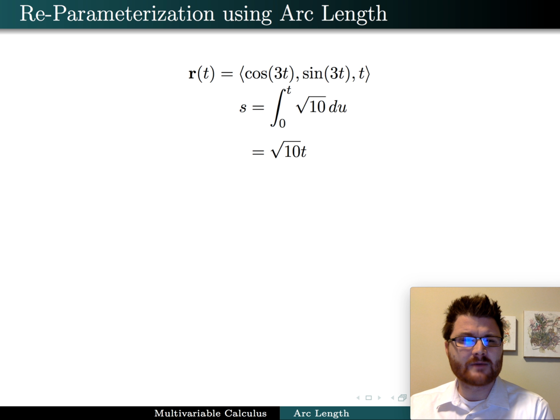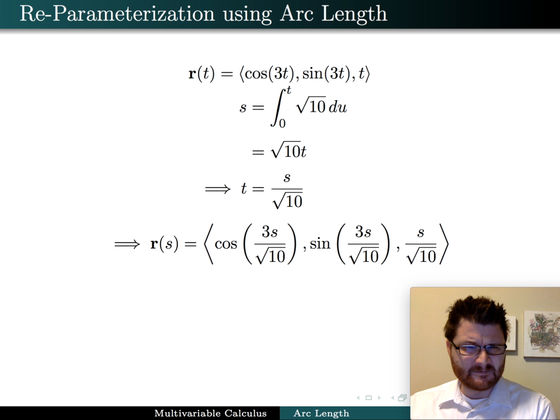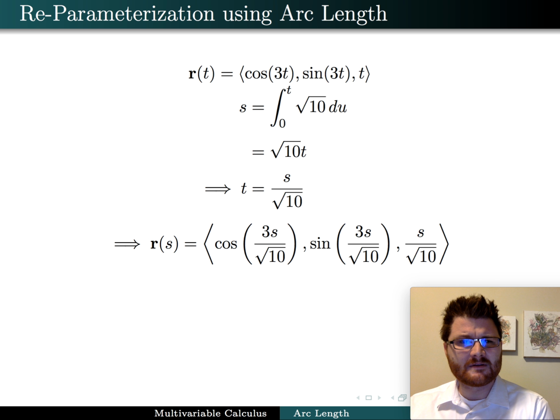And so now we have a relationship between arc length s and our parameter t, but what that allows us to do is express t in terms of arc length s, and then we can make a substitution back into our original vector valued function to instead switch from having our parameter t to having this different parameter s. So we've reparameterized our vector valued function in terms of arc length.